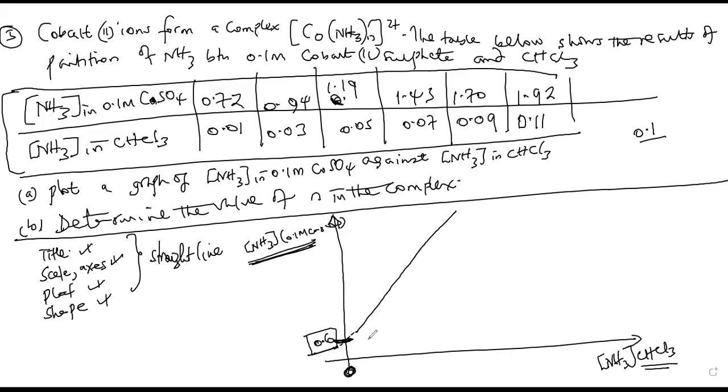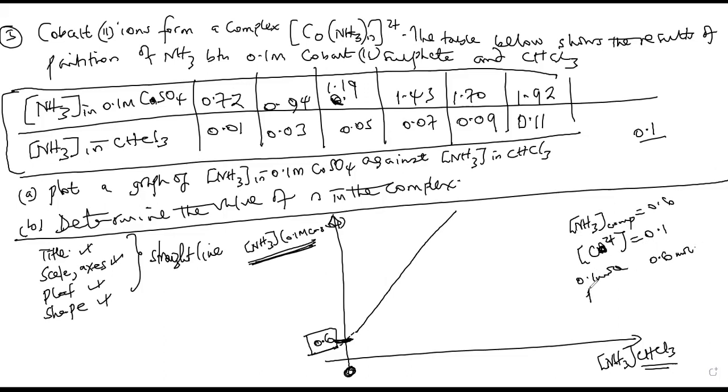Now, if we get the complexed ammonia as 0.6, and you know that the cobalt initial concentration is 0.1, then you can get the value of n, because you'll be saying that 0.1 mole of cobalt ions complex with 0.6 moles of ammonia.